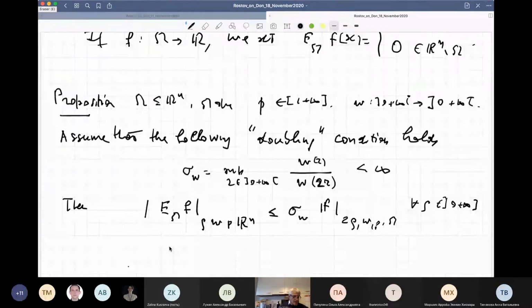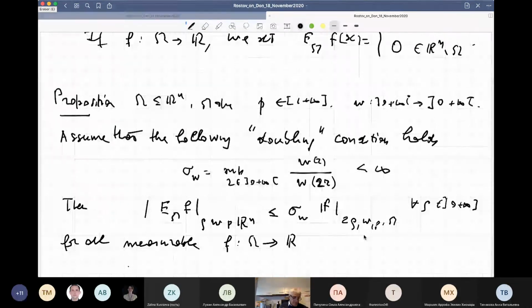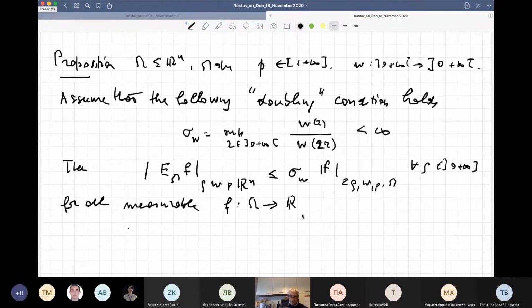For all measurable functions F with real values.